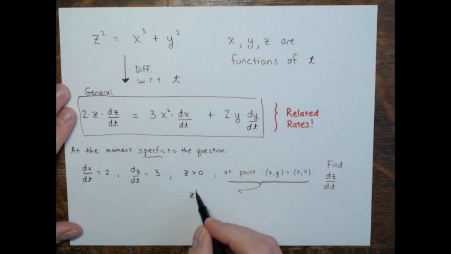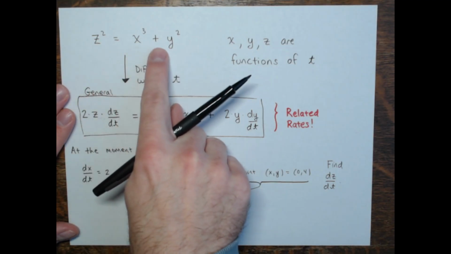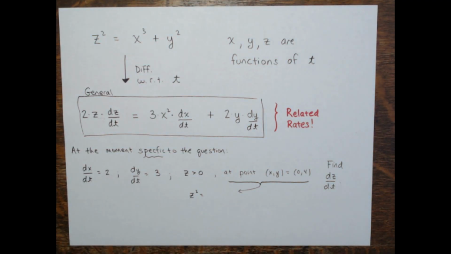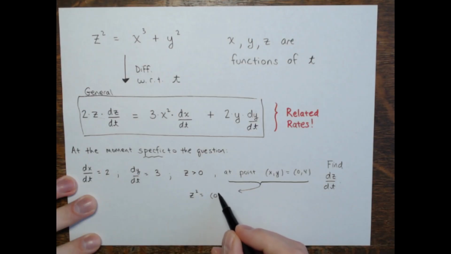So go back to the equation. That was the original equation. We're on this curve, or this surface in space here, a graph involving x, y, and z would be a 3D surface. Z squared would have to be, at this point, 0 cubed plus y is 4 squared. So z squared must be 0 plus 16, must be 16.